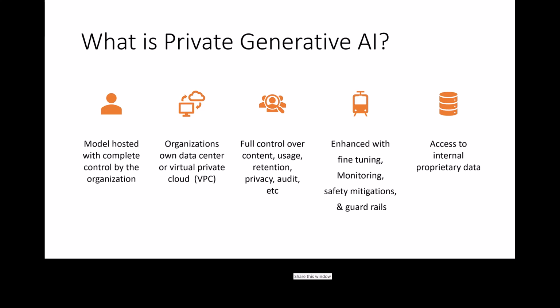Not only can you do that, you can enhance them to be application specific or domain specific, specifically around safeguards, mitigations, and what sort of transparency you want to provide. And you can feed them with proprietary internal data, which you probably don't want to do with the public ones. So that's the private LLM, private Gen AI. Next slide.